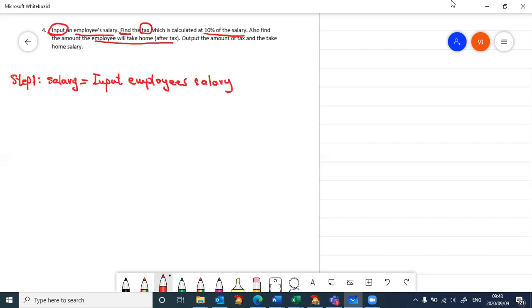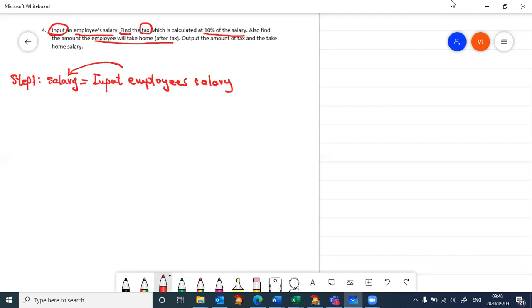So some salary amount is going to be input by the user, and that is going to be stored in the variable salary. We don't know what the user is going to type. When I said 5,000, I just used it as an example.